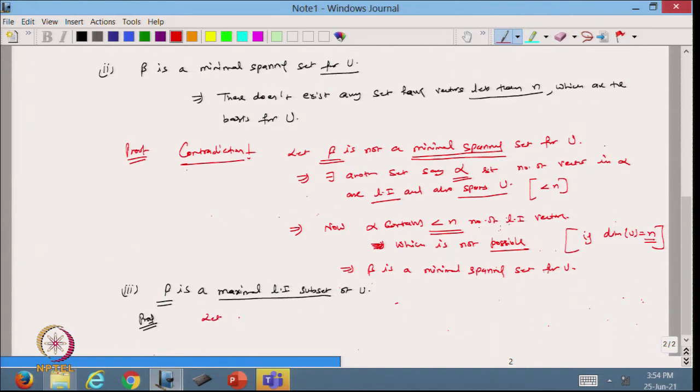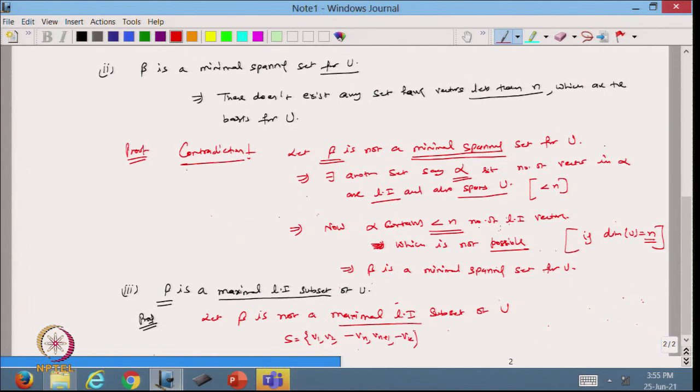Let beta be not a maximal linearly independent subset of U. So, it is not the maximal linearly independent set. It means that suppose I have a set S which contains the elements V1, V2 up to Vn, Vn plus 1 or maybe Vk.